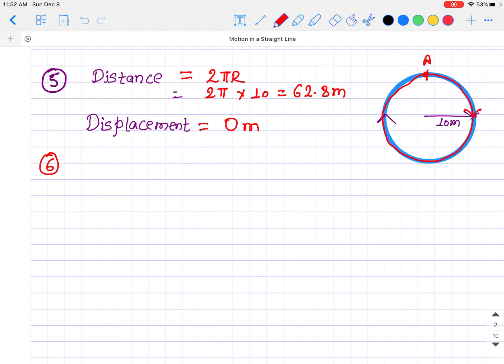All right, now let me give you one more example here. Let's say there are two men, both started from the same point. One moved this way, let's say 5 meter, and another man moved the opposite way, exactly the same length, 5 meter.